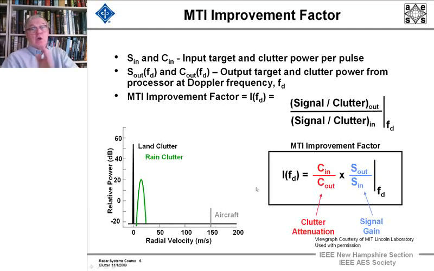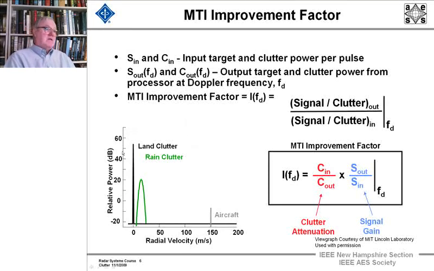Remember, the Doppler frequency corresponds to the radial velocity of a target. So there are certain Doppler frequencies where you may have very good signal-to-noise ratio, and certain Doppler frequencies where you may have very poor. It might be reasonable on average, but in the area where you have a poor MTI improvement factor, those Doppler frequencies can give very poor performance overall.